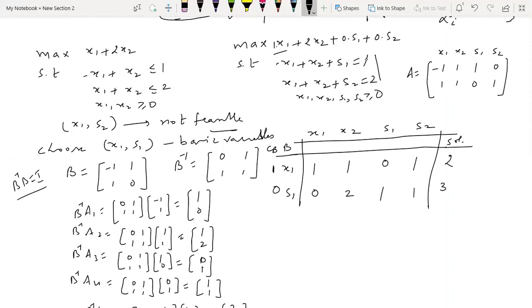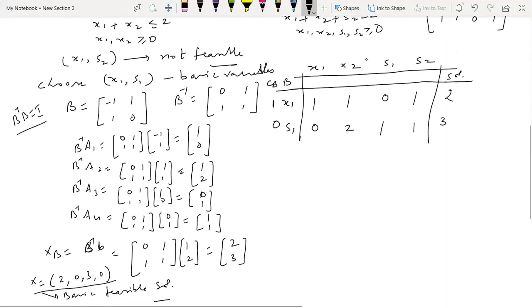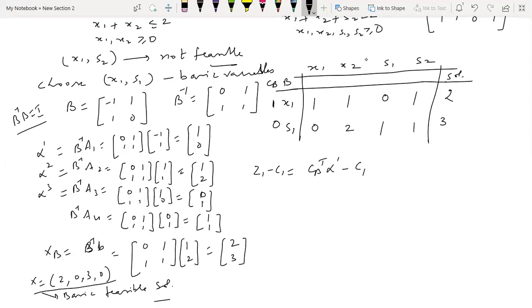So what is my z1 minus c1? It is cb transpose alpha 1 minus c1. Remember, alpha 1 is my B inverse A1. Similarly, alpha 2 is B inverse A2, alpha 3 is B inverse A3, and alpha 4 is B inverse A4. You can use either B inverse A4 or alpha 4, it is one and the same thing.